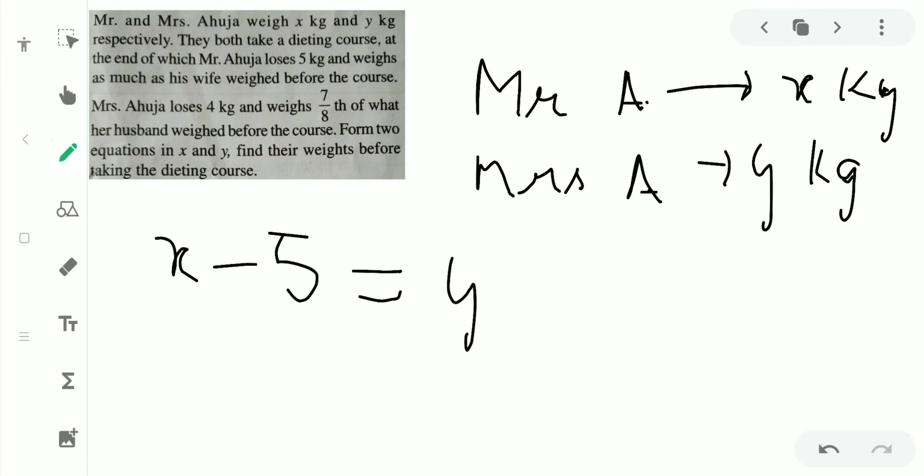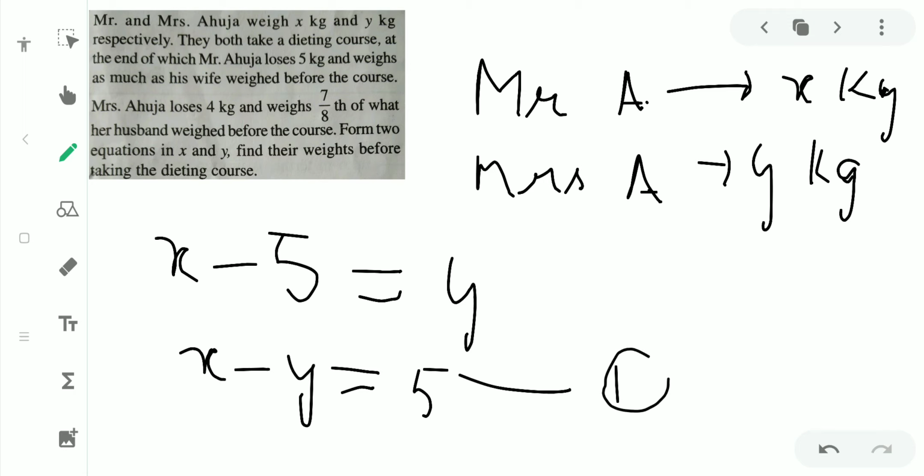It's given in the question itself. And we can get X minus Y is equal to 5. We can assume this as our first equation.